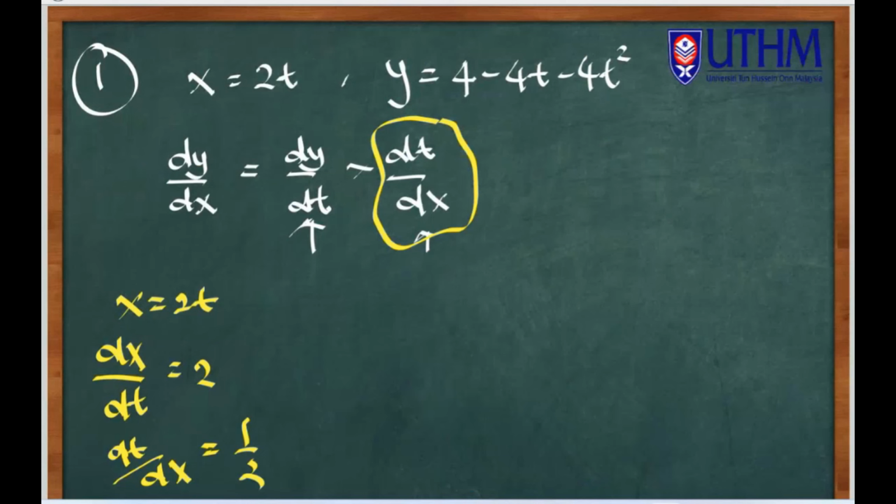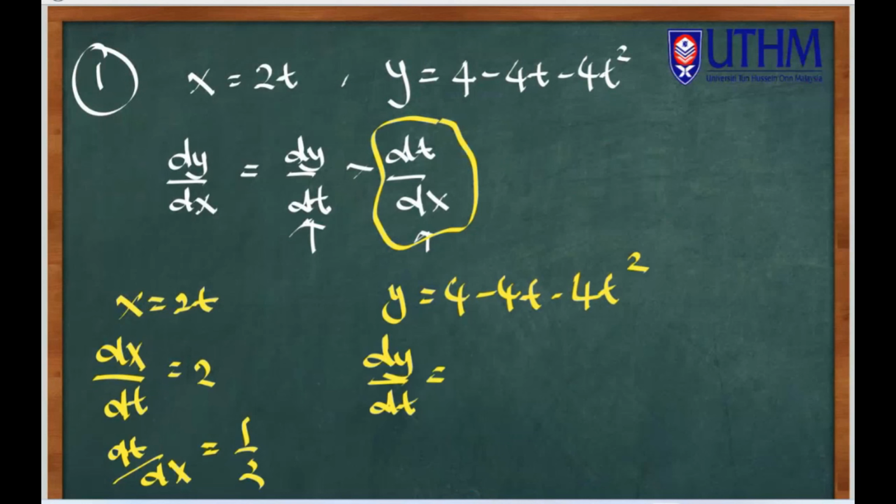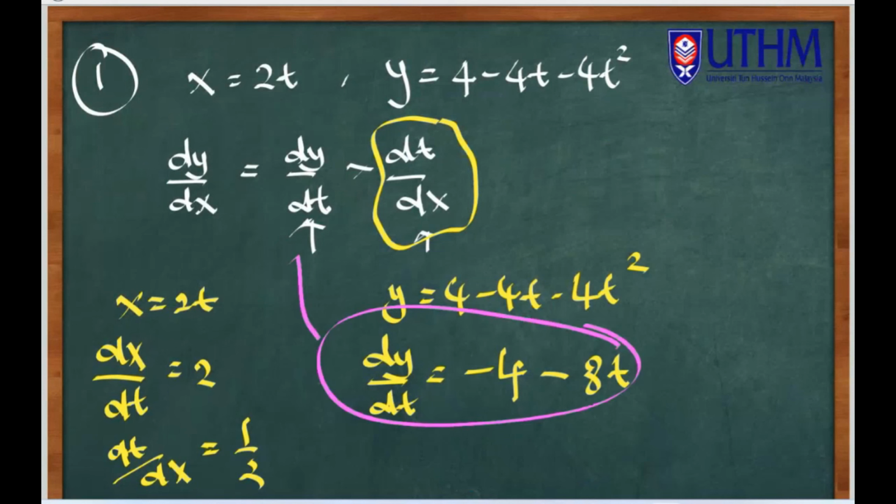Now we have y equal to 4 minus 4t minus 4t squared, so dy/dt we will have negative 4 minus 8t. Now we just substitute everything that we have into the formula.